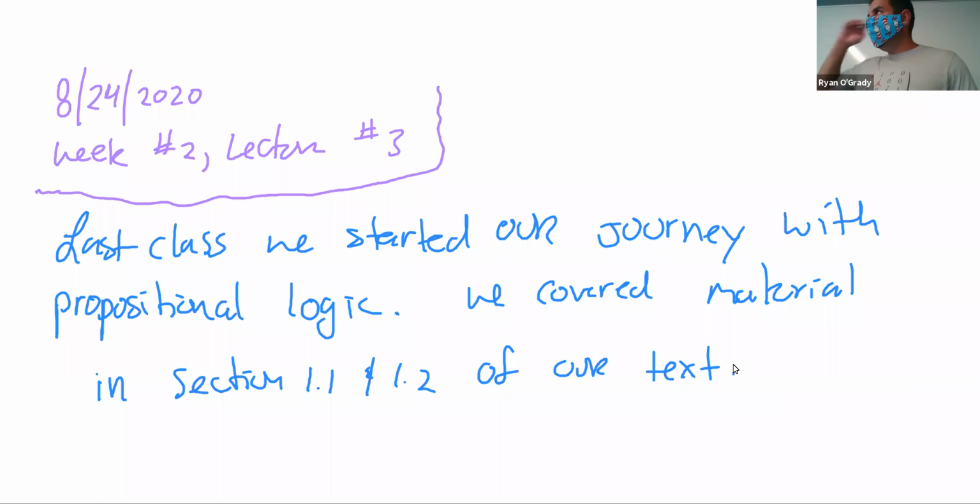Now 1.2 is more or less, you could think of it as applications to what we're starting with. So again, we're not going to go super deep into that, but you should read that for your own personal interest, if you're curious about that stuff. Does that make any sense?